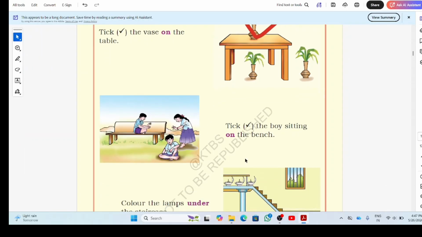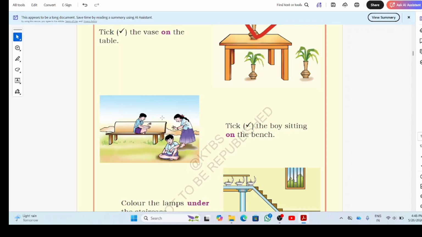Next comes, here three friends are there in the ground, two boys and one girl. Take the boy sitting on the bench. Two boys are sitting, one girl is standing, isn't it? What they said, boy sitting on the bench, not sitting on the floor.